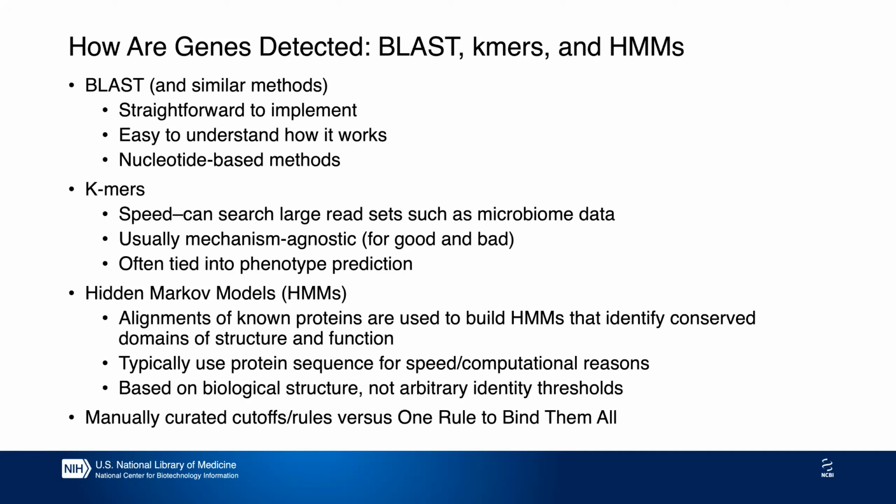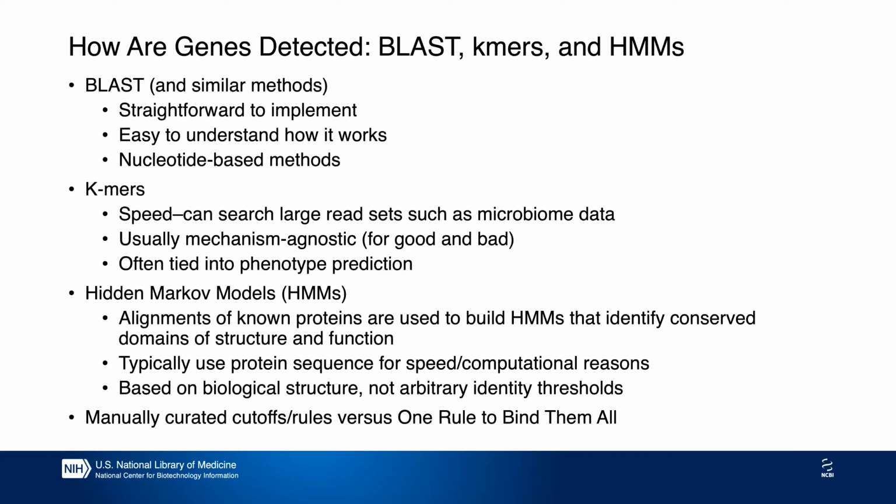So there is manual curation involved. For instance, in class C beta-lactamase, they are looking for the omega loop, they often will ping off on the omega loop, that kind of thing. So it's not just saying, well, if it's 90% identical according to BLAST, I'll say it's this protein. There's actually some biology directly involved. The other thing to think about is, do these tools use manually curated cutoffs, or is there what I call one rule to bind them all?